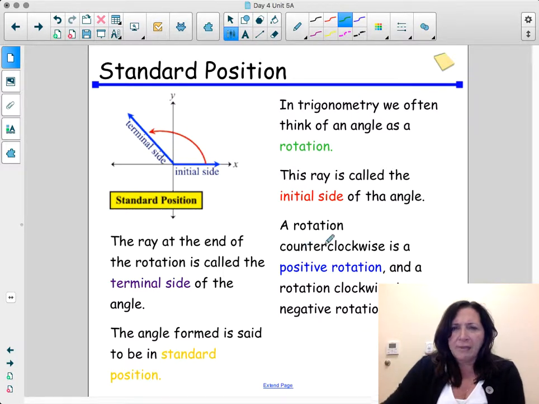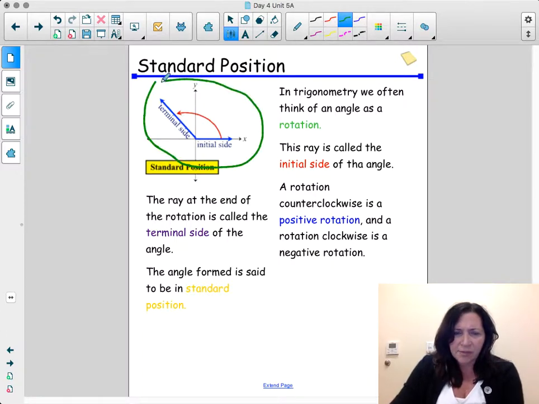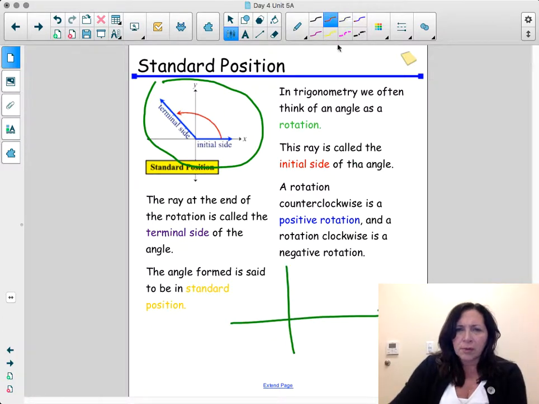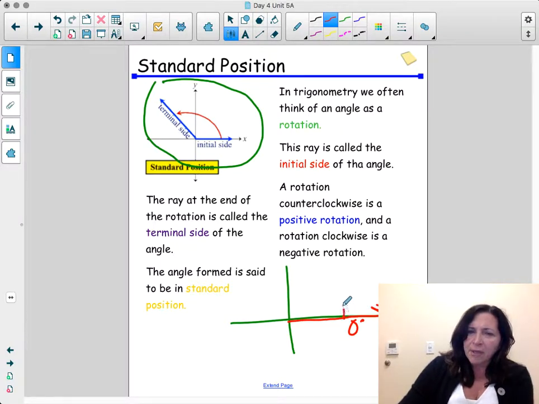So what we have is standard position. Standard position is this whole thing right here. When you draw an angle, you're going to draw it based on 0. You're always going to start here. We call this ray the initial side.